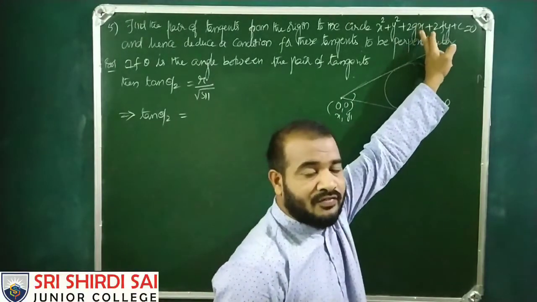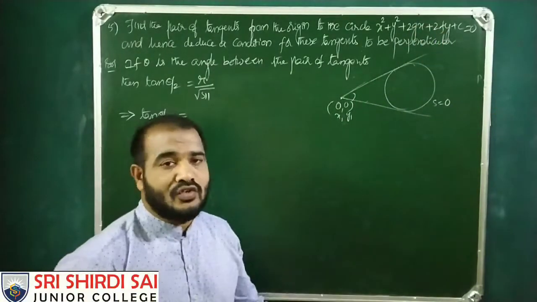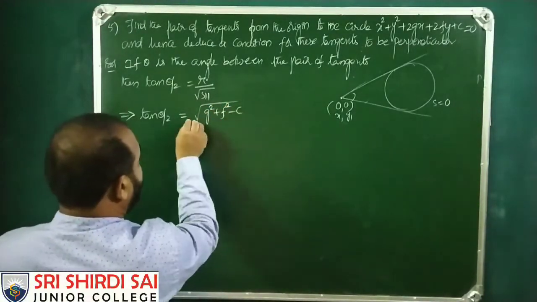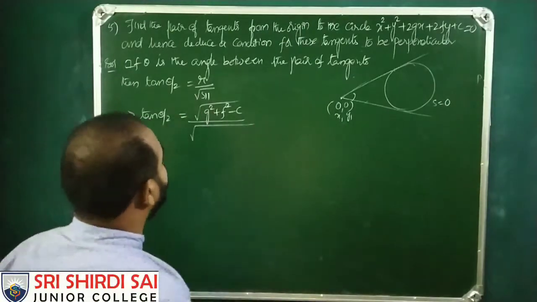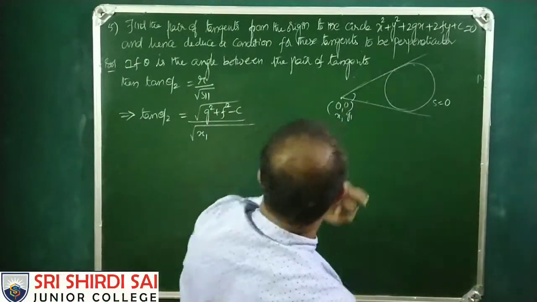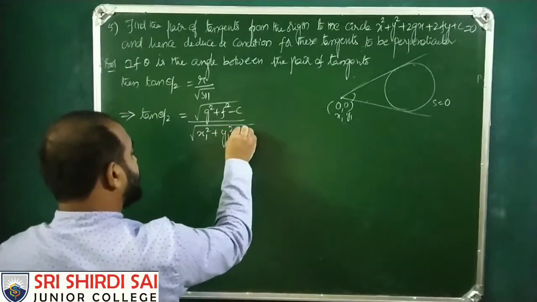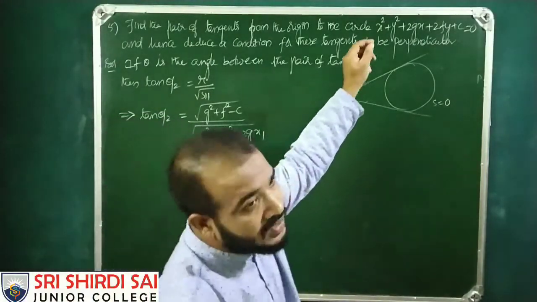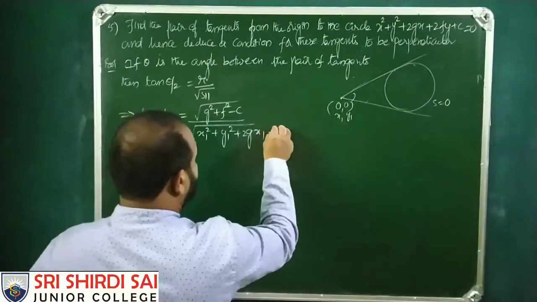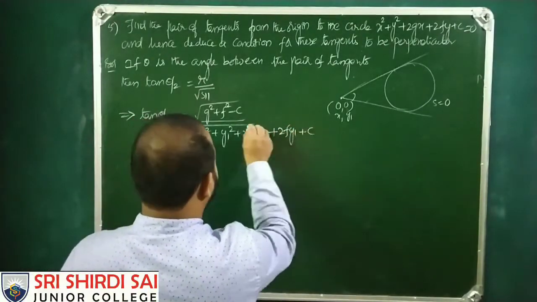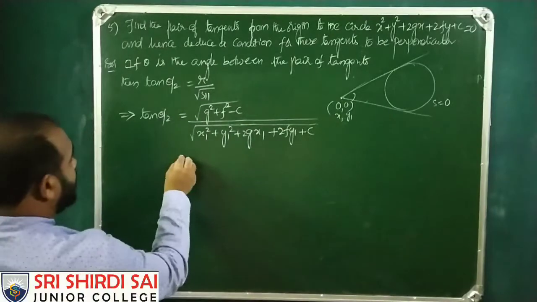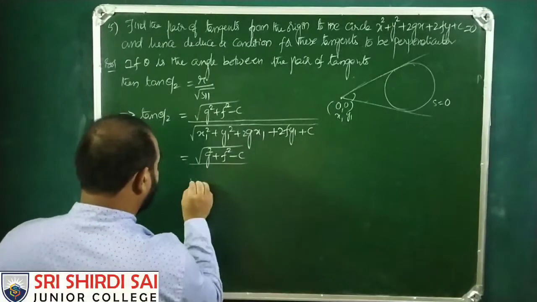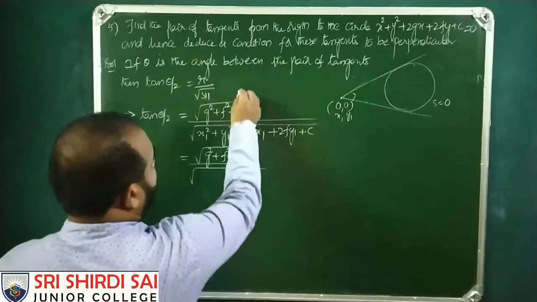If this is the general equation, what is the radius of that? Square root of g square plus f square minus c, by square root of, what is S11? x1 square plus y1 square plus 2gx1 plus 2fy1 plus c. Simply substitute the (x1, y1) point in the given general equation of the circle. So that is equals to square root of g square plus f square minus c by square root of, here P(x1, y1) is equals to how much?